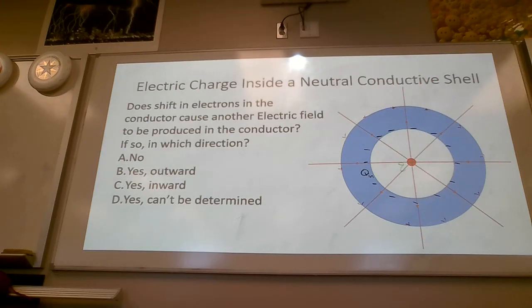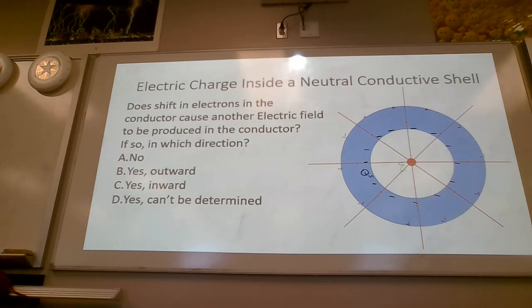Tell your neighbor. What is it by a shift in electrons in the conductor?